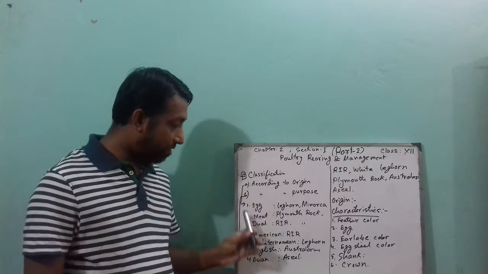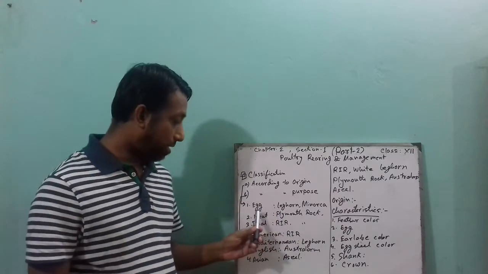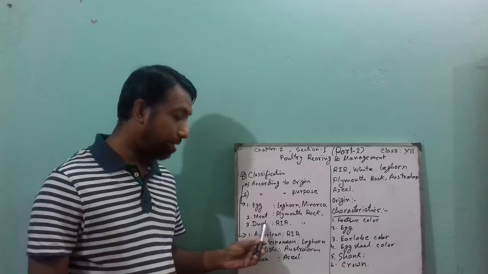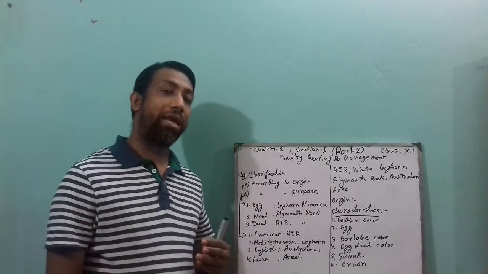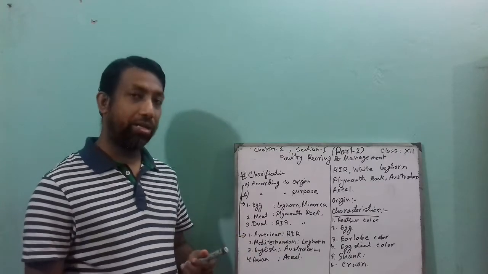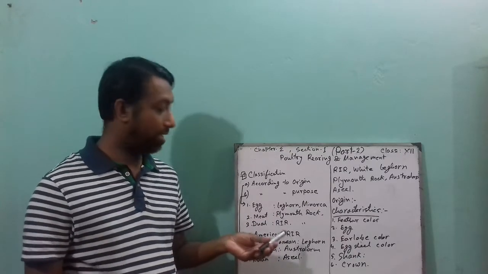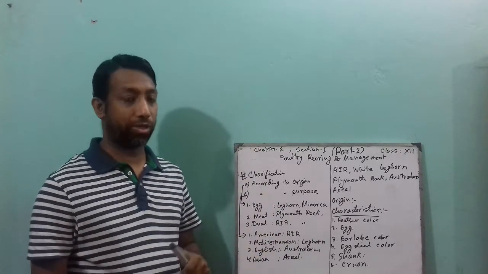So this is the classification according to purpose: egg producing, meat producing and dual purpose. Some birds can be reared for both purposes, like Rhode Island Red.